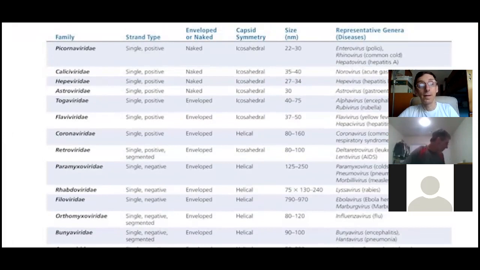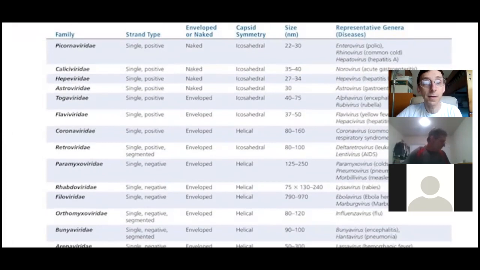And some of them are pretty important. We're not really going to talk about the different viruses, but Picornaviridae, that's the number one cause of the colds; the rhinoviruses cause colds.